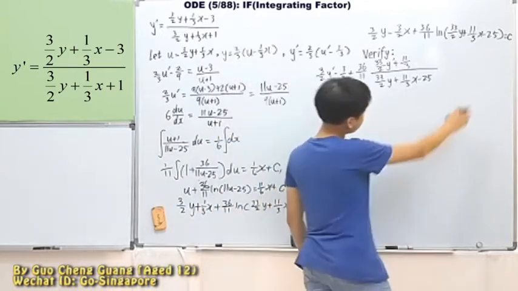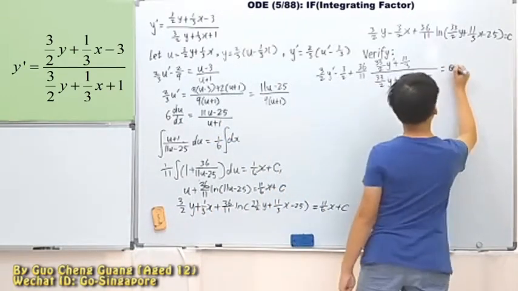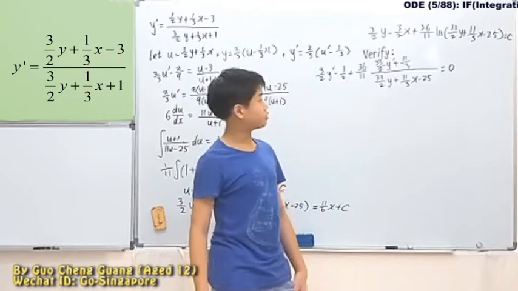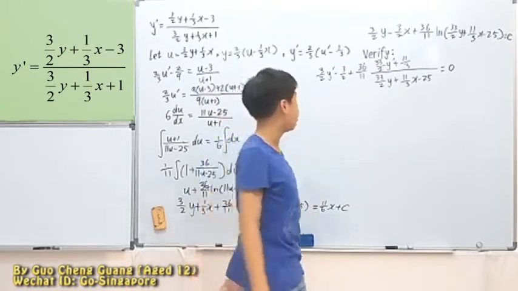Then this will be equal to 0, since the differentiation of a constant is 0.